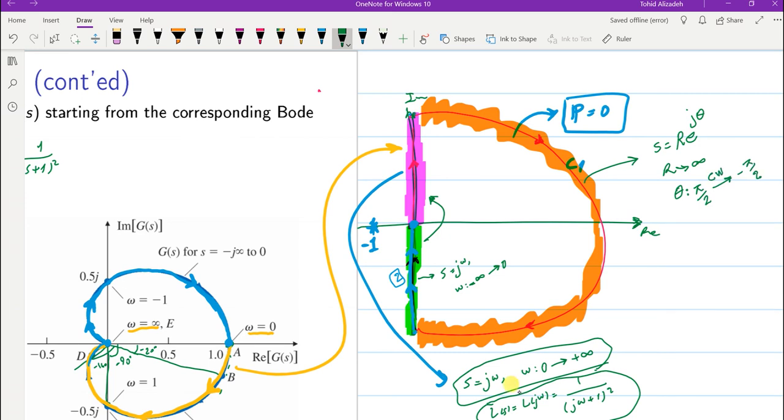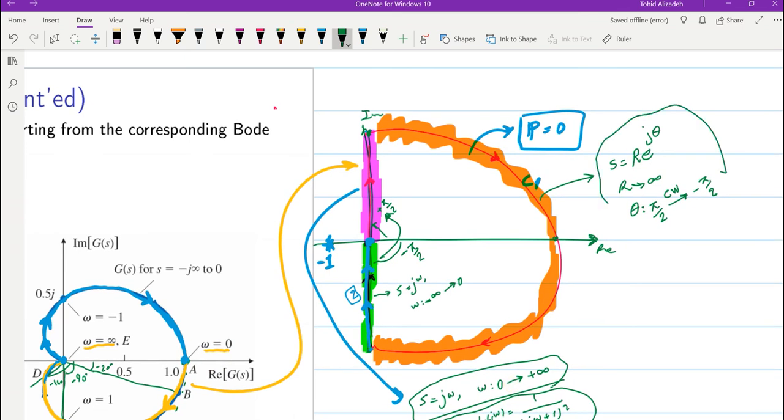So at this point we have theta equal to plus pi over 2. At some point we reach theta equal to 0, and then at the end we reach the angle of minus pi over 2.